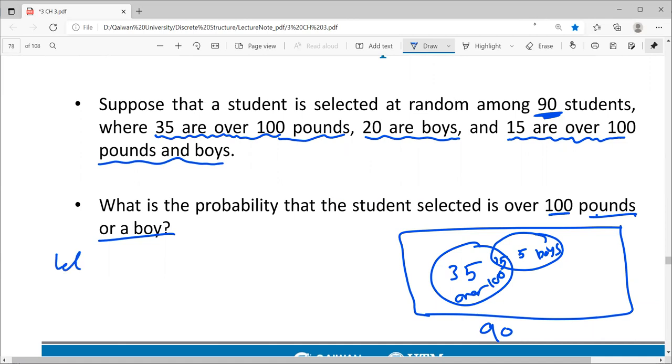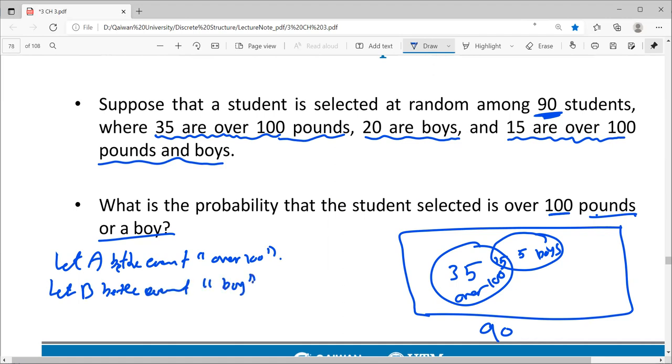We let A be the event over 100 pounds, and let B be the event boy. What's the probability of A or B? It equals probability of A plus probability of B minus probability of A intersection B.